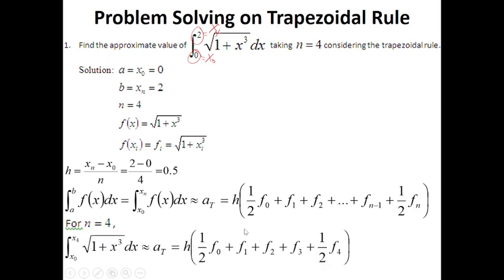So for n equals 4, we have the integral from x sub 0 to x sub 4. If we replace n by 4, this will become f sub 3, f sub 4. Alright, so we proceed now.